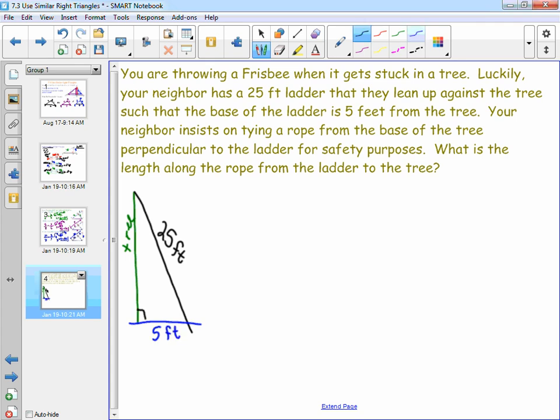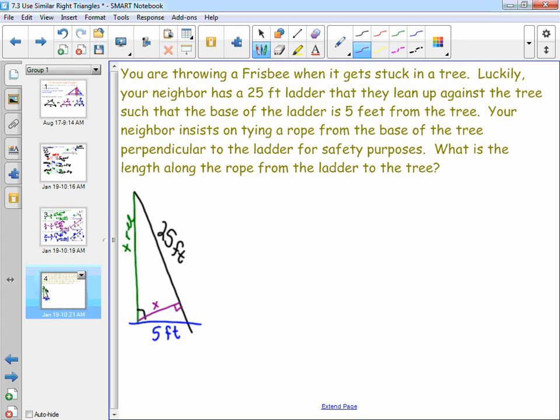And of course, we're hoping that our tree is perpendicular to the ground. And lastly, we are going to draw the rope, which is tied from the base of the tree perpendicular to the ladder. And this right here is what I'm trying to solve, that purple length, x.